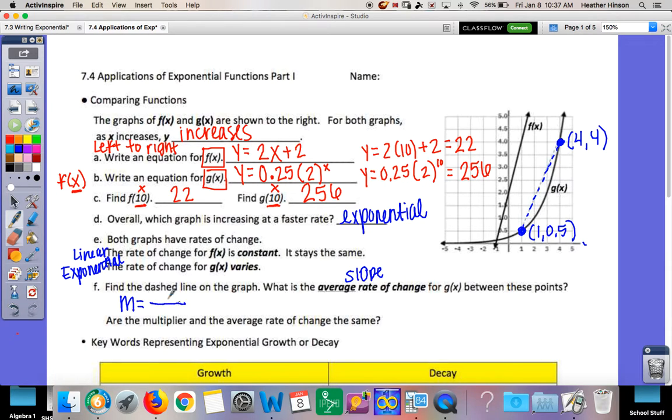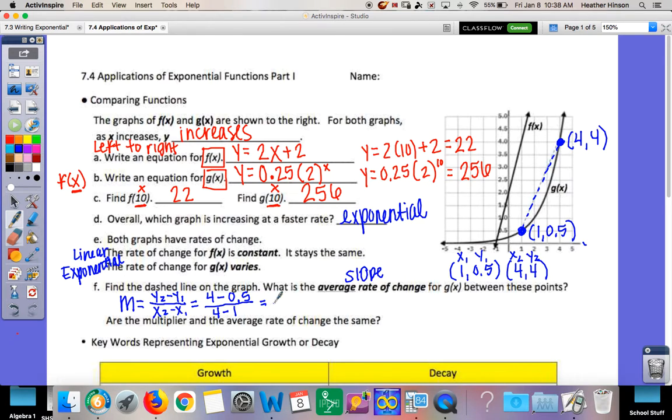So you have your slope formula. Remember y2 minus y1 over x2 minus x1. We did that last semester. And then we just plug them in. So we have 1 and 0.5 and 4 and 4. We can label those x1, y1, x2, y2, and plug them in. So y2 minus y1 over x2 minus x1.